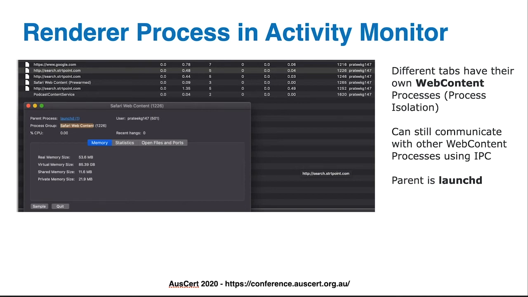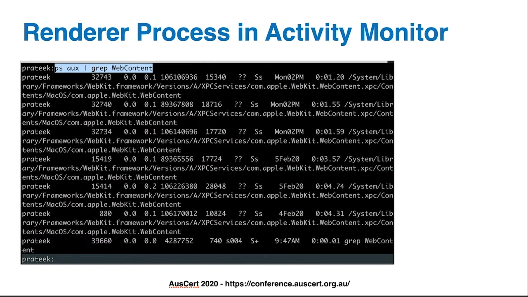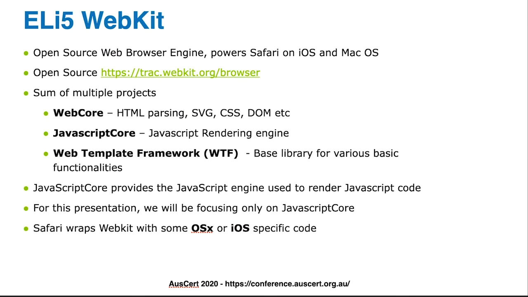We'll look into this later on, how we can bypass the same-origin policy once we get a read-write-execute primitive within the context of the rendering engine. And this is how the render process will look. When you run the ps aux command, you will see all the tabs have their own process, and the name of the process is WebContent. So WebKit is the open source web browser engine which is powering Safari on iOS and macOS.